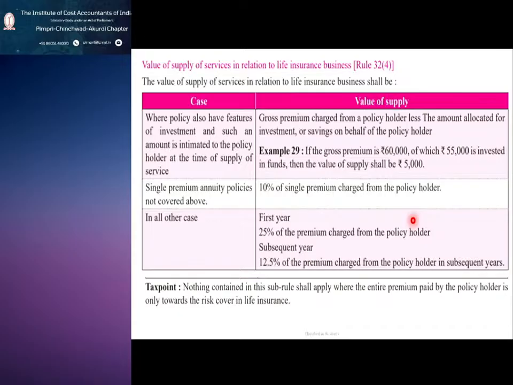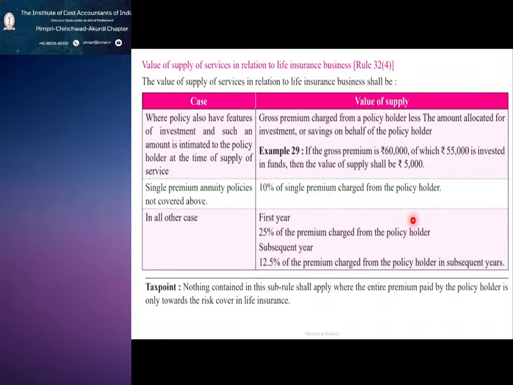Have a look, this is 32(4), subsection 4. We are into life insurance business. Be careful in this life insurance business, because some questions are repeated.